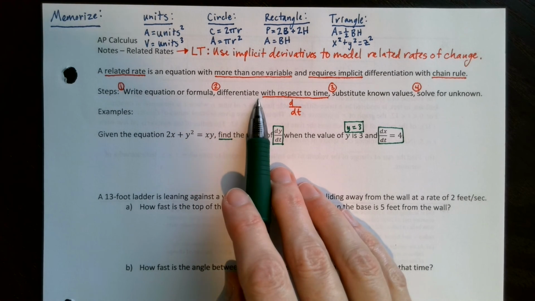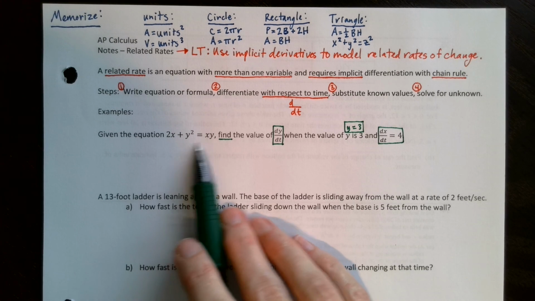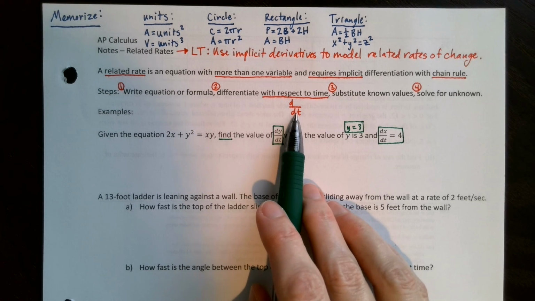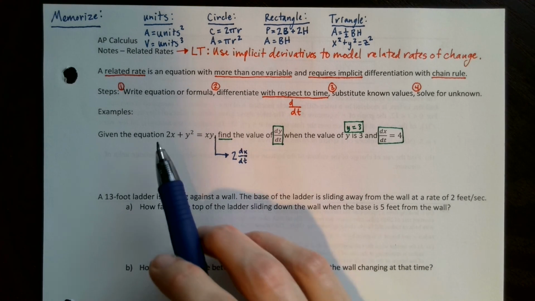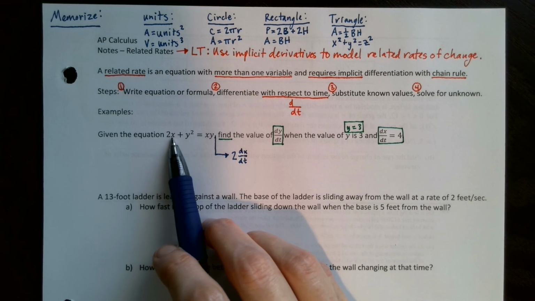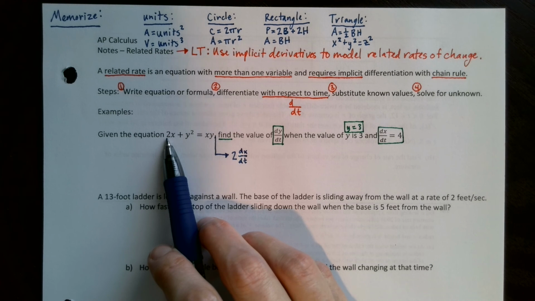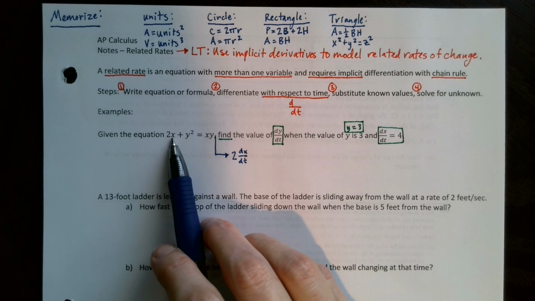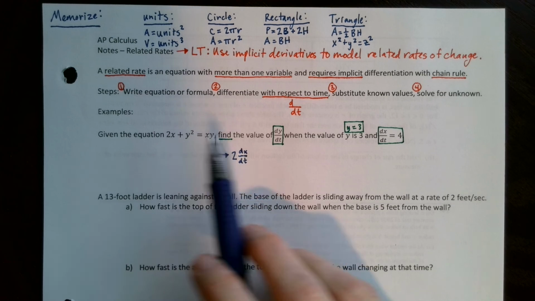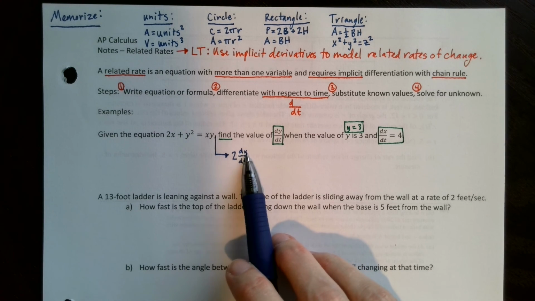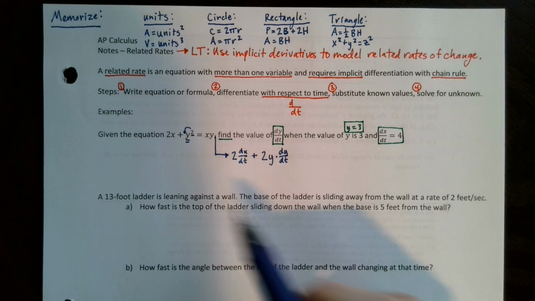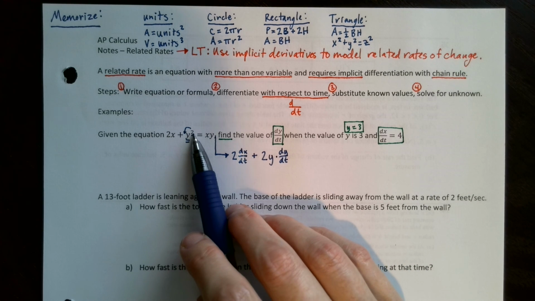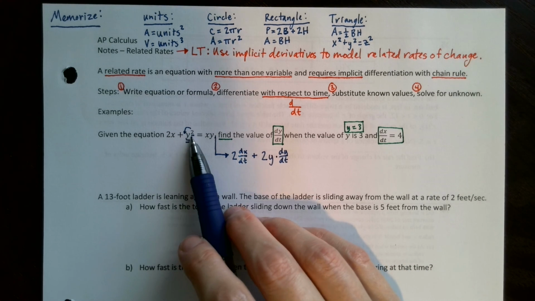Step 2 is I'm going to take the derivative of this equation with respect to time, or dt. I'd like to take it one term at a time because this is new to you. We've got a coefficient of 2 with our x, so coefficients stay when I take the derivative. And when I take the derivative of x with respect to t, it turns directly into dx dt. Our next term after the plus has an exponent, so we'll deal with that a little bit differently.